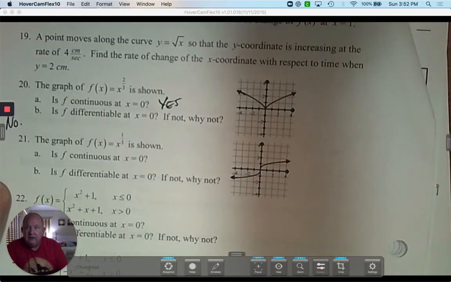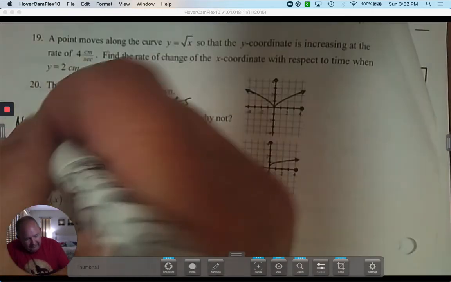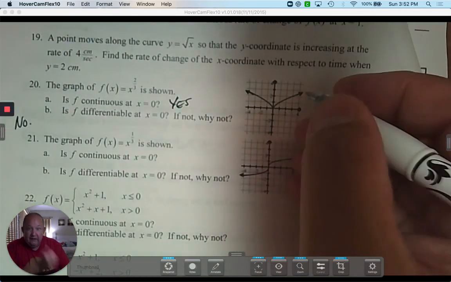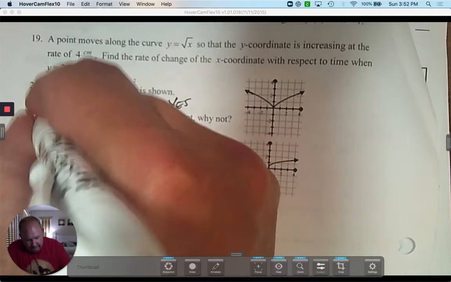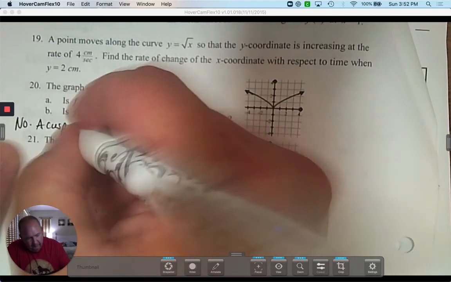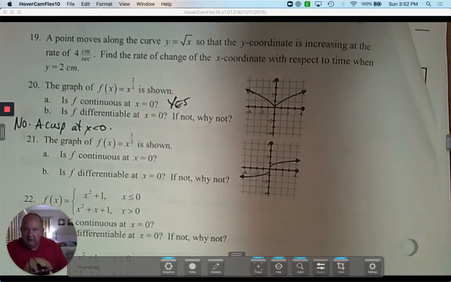So why is it not differentiable right there at 0? You could say a cusp. A cusp would be like a sharp corner.